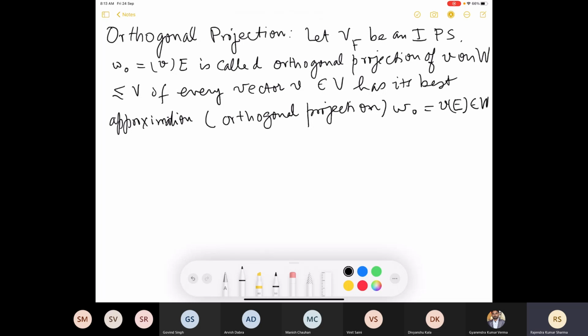So in that case, we have this map, which is called the orthogonal projection of V. This is from V to W, with V going to the image VE.